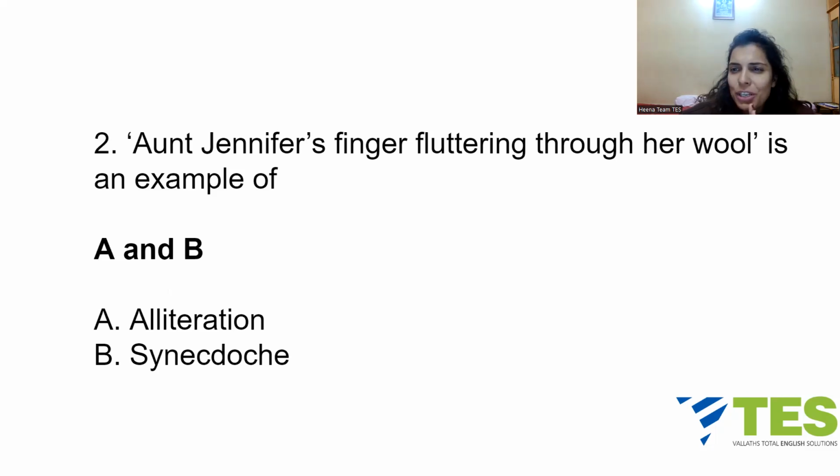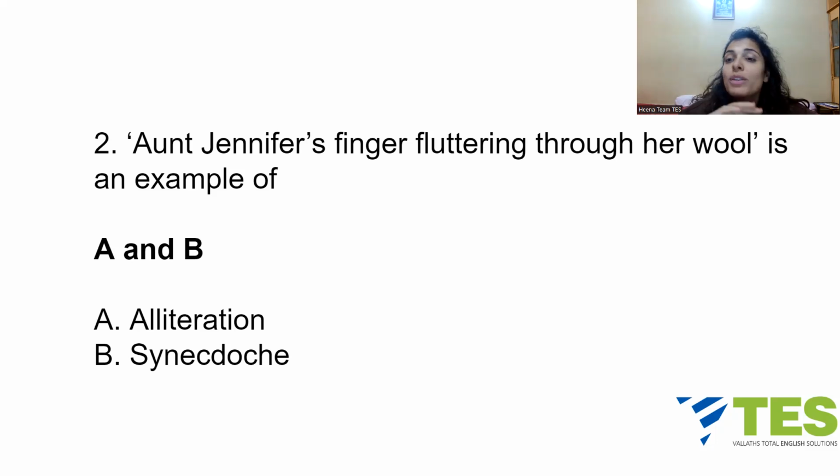As you know, alliteration is the repetition of same initial letter sounds in a line of words. Fa, sasa, lala. So here, finger fluttering, finger, fluttering. So alliteration. And then why synecdoche? Well, you know, synecdoche is a figure of speech where a part represents a whole or vice versa. So, for example, if I say, how do you like my new wheels?